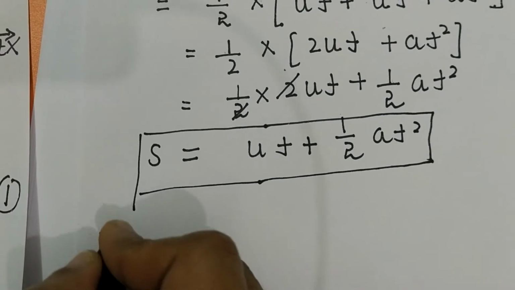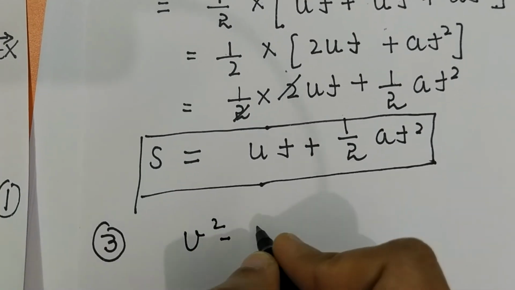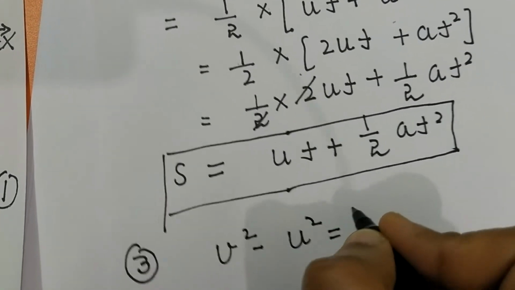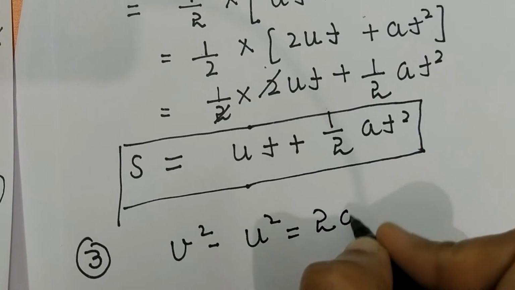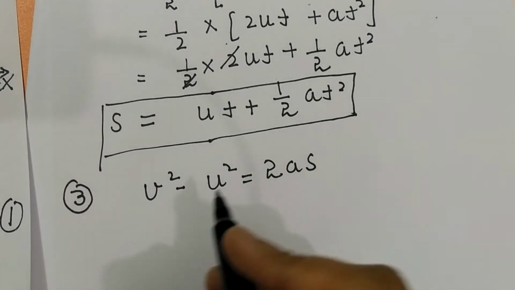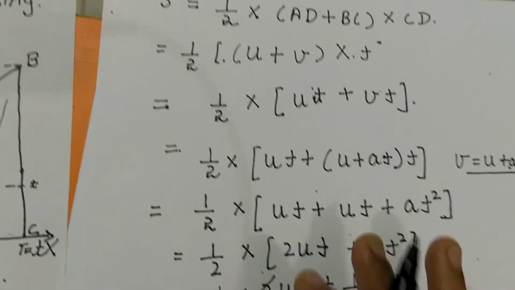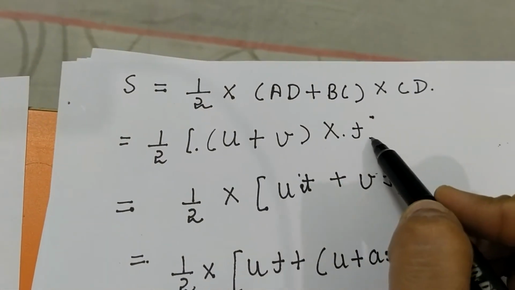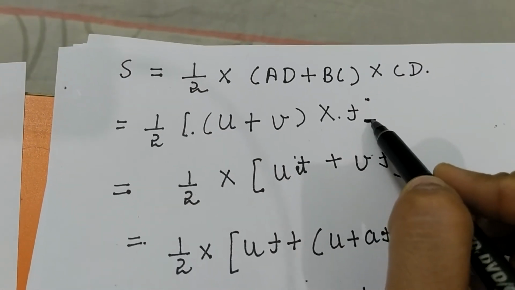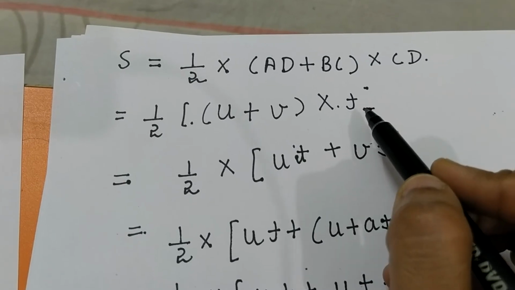Now come to the third equation of motion, which is v square minus u square is equal to 2as. To prove this equation, up to this step, the procedure will be the same as we have done in the previous equation of motion.